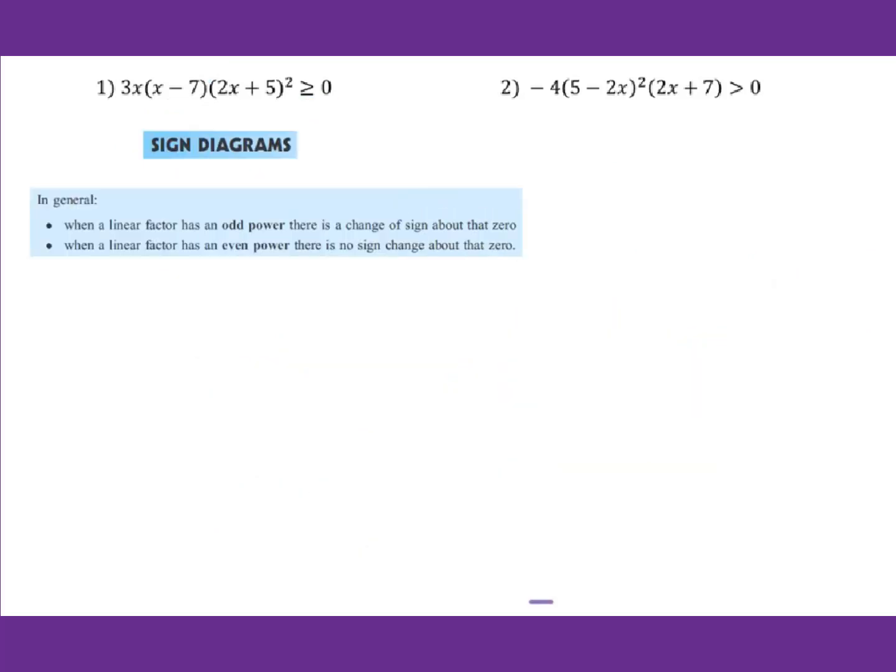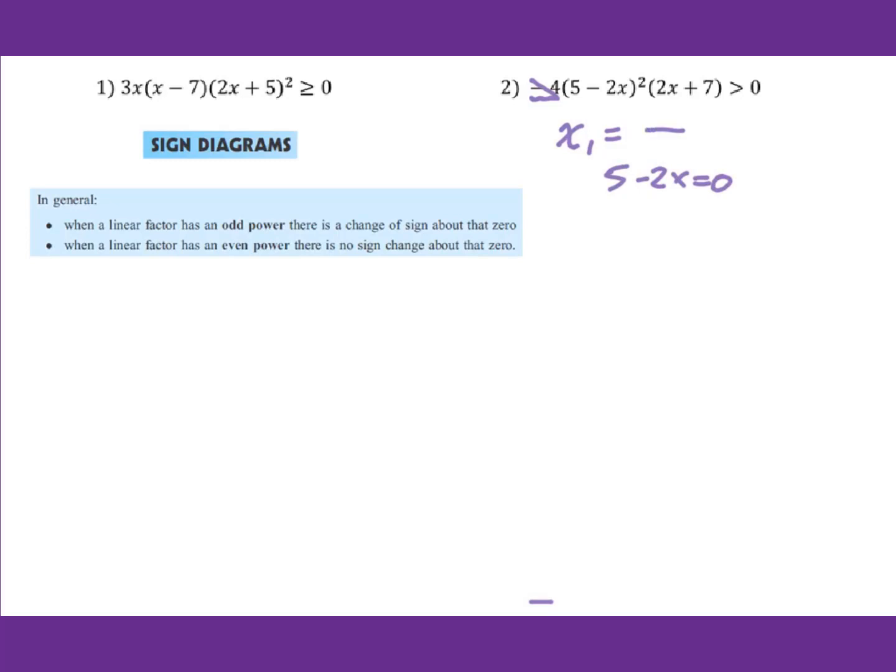Now let's go to number 2. Same thing, we need to get all the zeros. Negative 4 is a factor but it cannot be 0 ever, therefore I ignore this negative 4. We set up 5 minus 2x equal to 0.